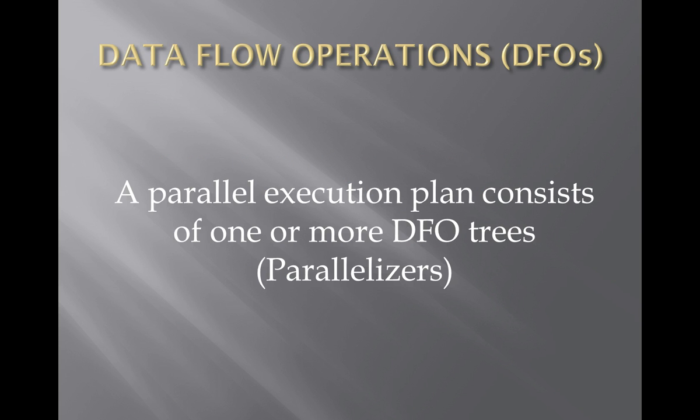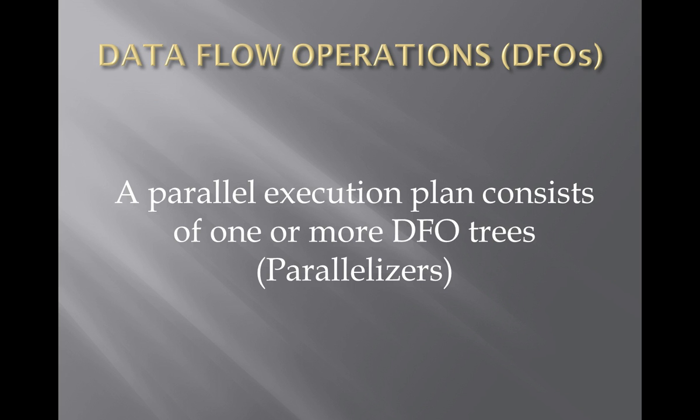All of these things are specific to parallel execution, so you don't find any counterpart in serial execution plans. So what can we say about data flow operations, about DFOs? First of all, a parallel execution plan consists of at least one or more data flow operation trees.